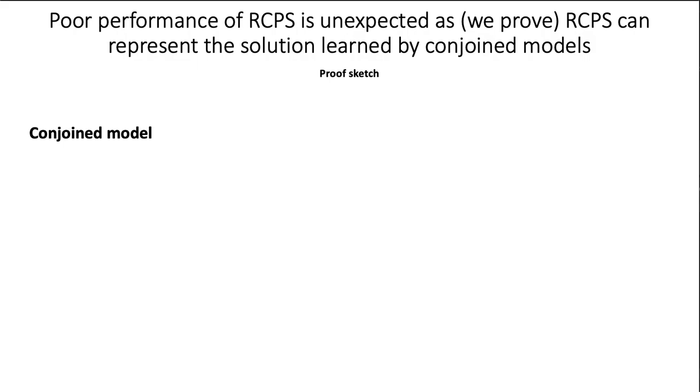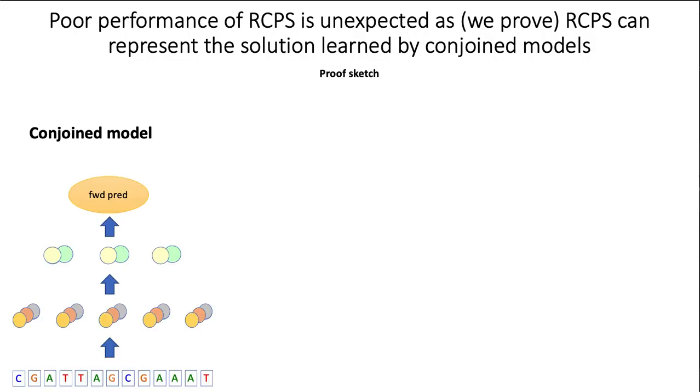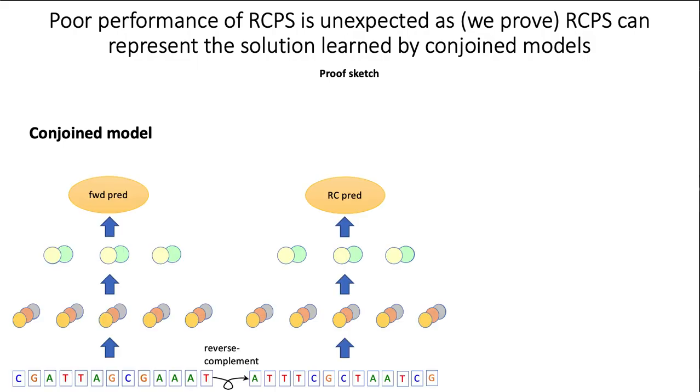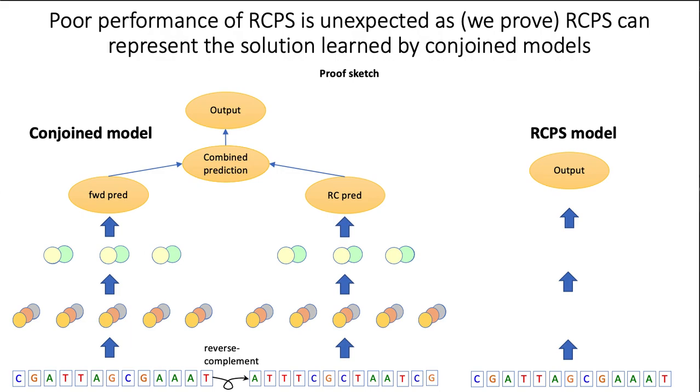So as a reminder, in the conjoined models, the model is run in parallel on both the forward strand and the reverse complement strand, and the model predictions are combined to produce the output. We're going to illustrate how the layer activations of the conjoined model can map onto the activations of an equivalent RCPS model.